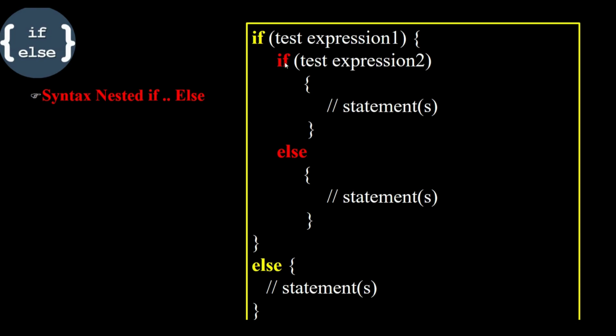So it will come here and test another test expression 2. If this test expression 2 is true, the compiler will execute this statement, otherwise the compiler will execute the second one. If the first test expression 1 is not validated, the compiler will execute the else statement. So let's try this nested if-else together by code.